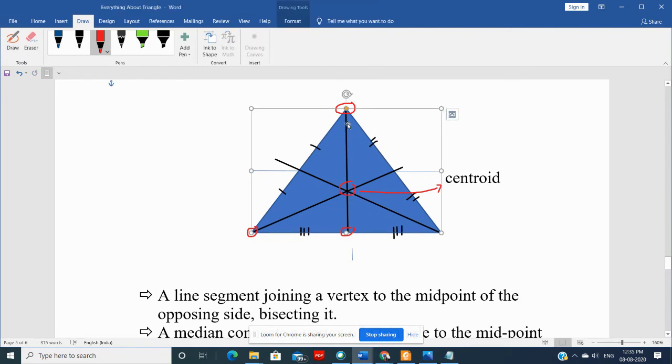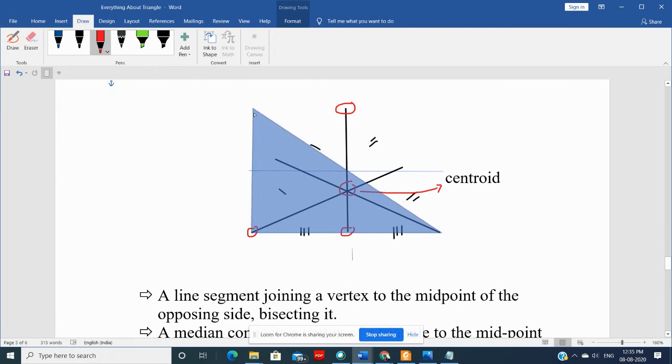Now, if I move this triangle, right? This is equilateral triangle. But if I change this triangle like this, see, now this is no longer equilateral triangle, okay? But still the centroid is in the interior region. If I make it 90 degree, means right angle triangle, see, even if I make it right angle triangle, the centroid is in the interior region.